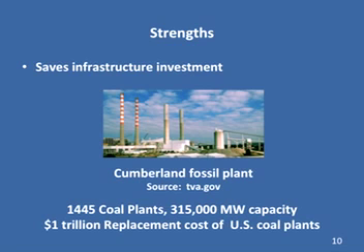A strength that CCS has is it helps save infrastructure that society has invested into various technologies, usually coal. A lot of what we talk about in CCS is really focused on capturing CO2 from coal plants, electrical generation plants that use coal to burn.